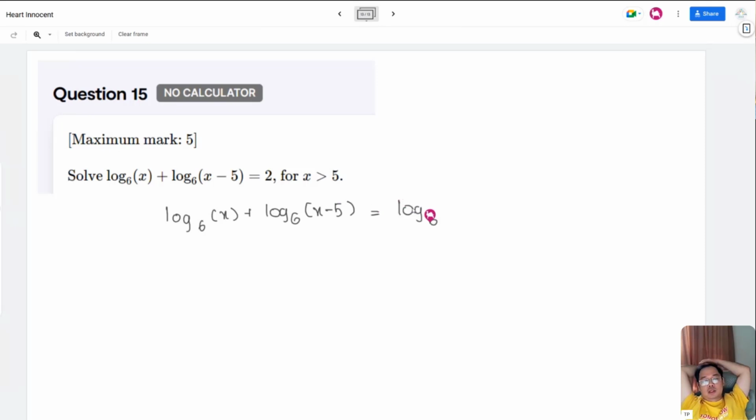The log base 6 of 36 is 2, correct? So you combine the two steps. x times x minus 5 equals 36.